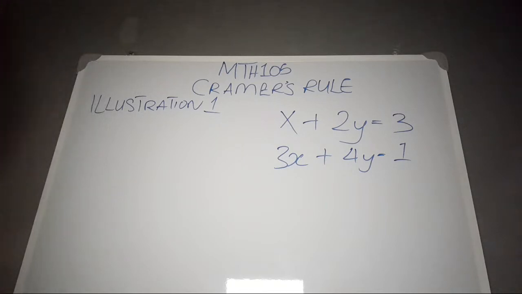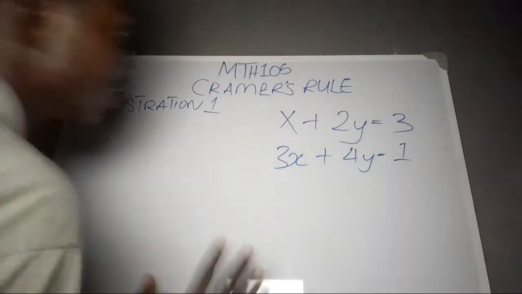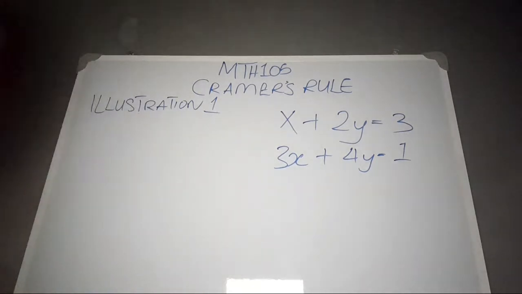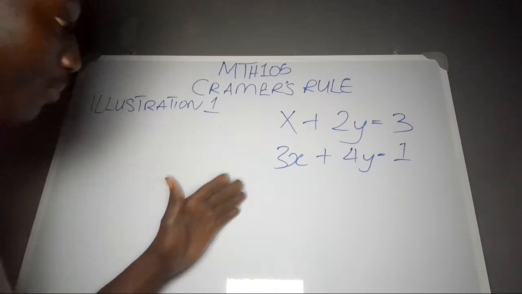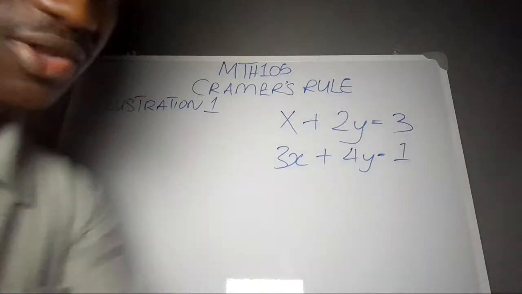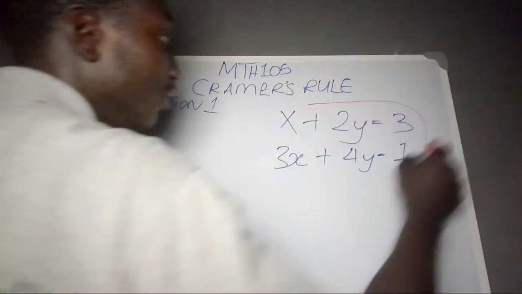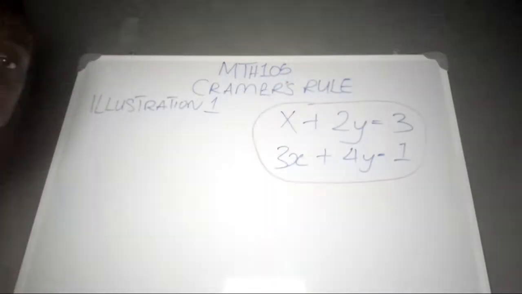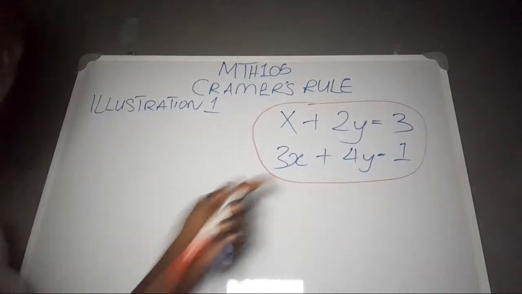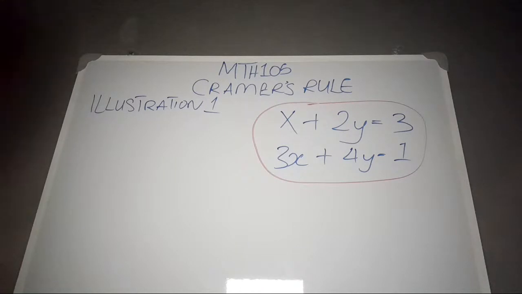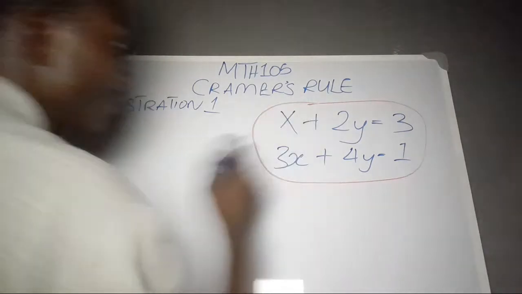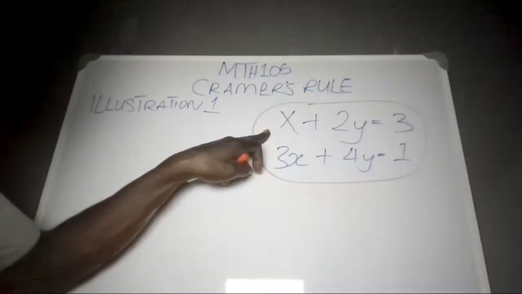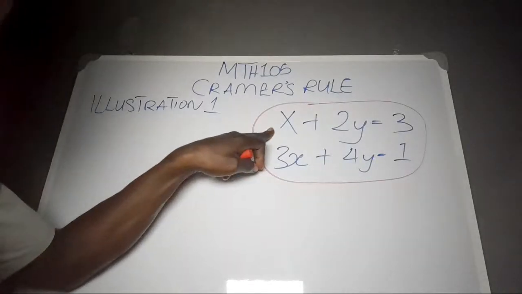So to solve this, the first thing is that this is going to be solved in matrix form. Now it's not in the form of a matrix, so we need to make it a matrix. x standing alone, we're going to give it 1, as the coefficient of x.